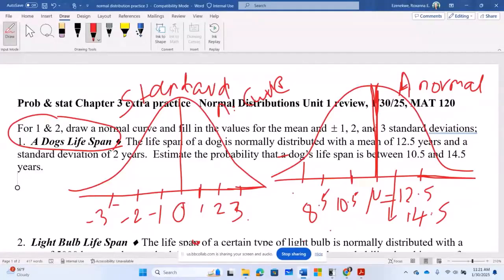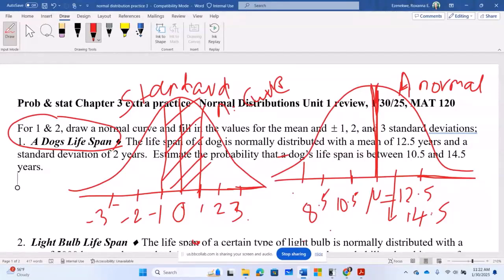The important thing is that I can now say, according to the empirical rule, 68% of the data, 68% of all dogs lie within plus or minus one standard deviation.